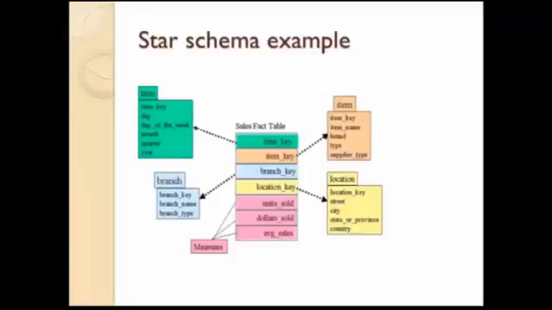dimension tables. All right. Now, one of my favorite exam questions is: what is the relationship between a dimension table and the fact table? Okay. So consider the relationship between time and the sales fact table, for instance. What is the relationship between time and sales?